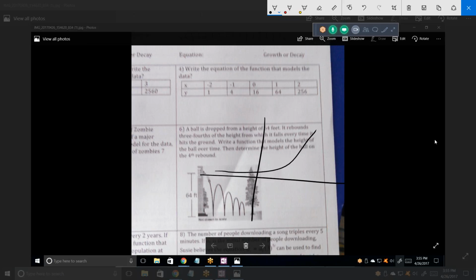Write the equation. If we're looking at an exponential curve, which it appears we are, the function's going to be y equals a times b to the x. And what we have to solve for is a and b.